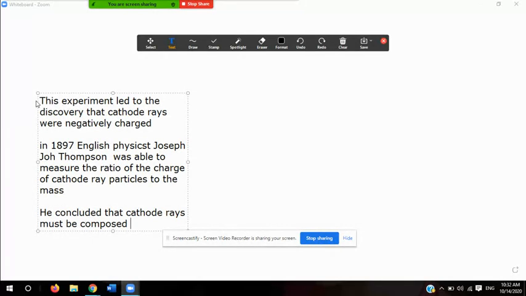It says Thomson concluded that all cathode rays must be composed of identical negatively charged particles, which were named electrons.